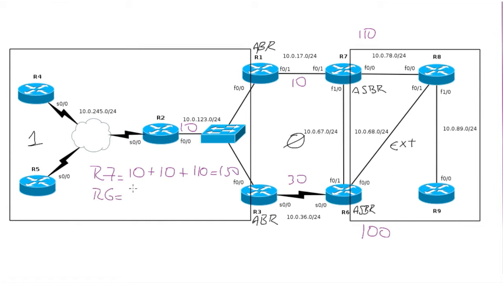What's the cost from the perspective of R2 to reach R3? Well, that's going to be 10. R3 reports that to get to R6 it's a cost of 30, and R6 reports a metric of 100. So that's going to be 140. So it's going to prefer to go via the shortest path, which in this case will be via R7.